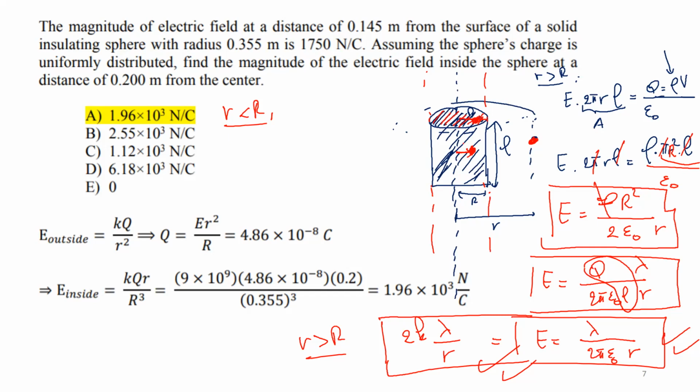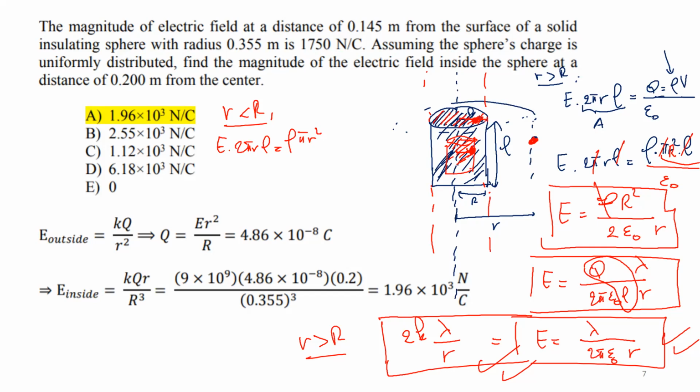If I apply Gauss's law on this cylindrical Gaussian surface, I'll just get E multiplied by 2 pi R L, and this will be equal to what? Rho pi R square. Because I'm inside, I have to take this small r, because I want the charge enclosed inside the cylindrical Gaussian surface.